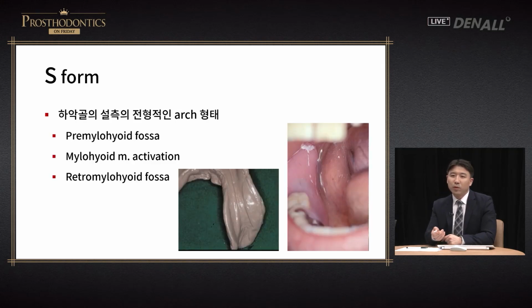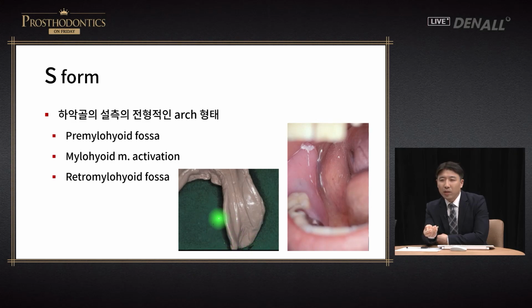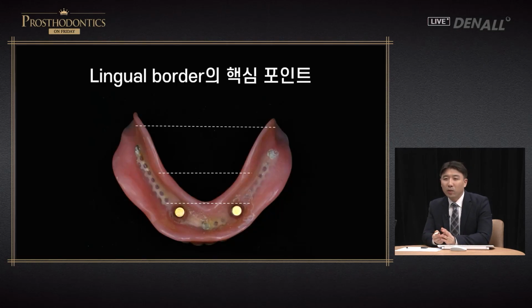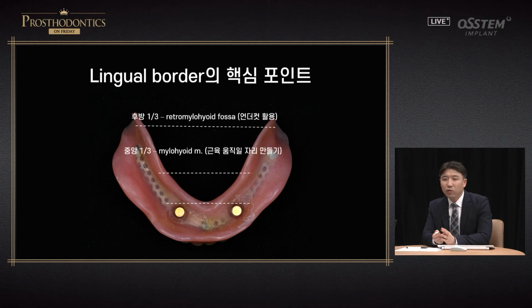The purpose of it is to do as much of an extension. S-curve is formed based on retromylohyoid fossa and the movement of muscle and premylohyoid fossa. The 1/3 of the posterior side is retromylohyoid fossa, the middle third is mylohyoid muscle, and the anterior third is sublingual fold.